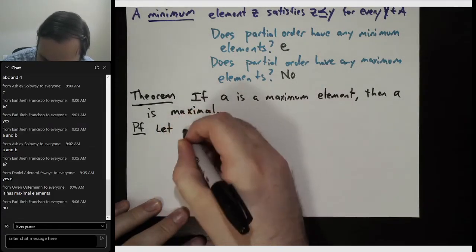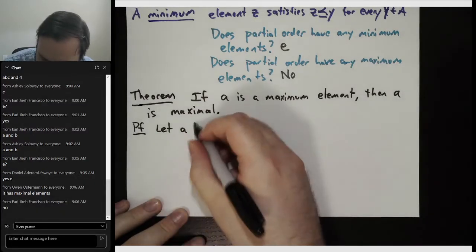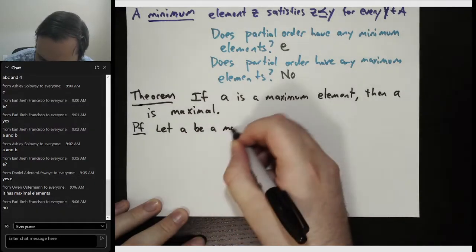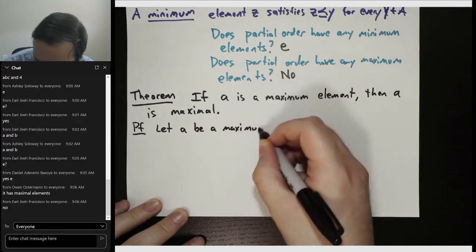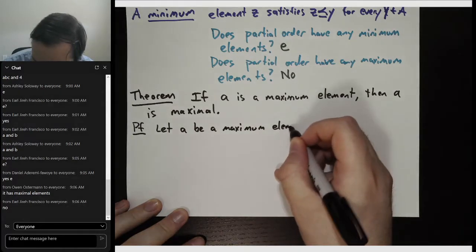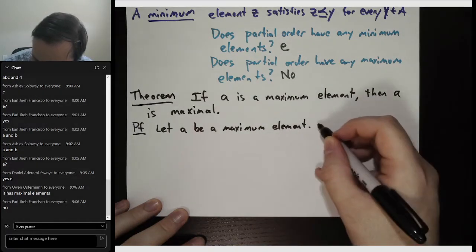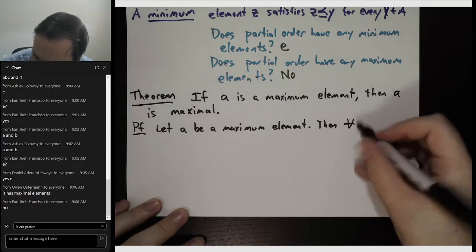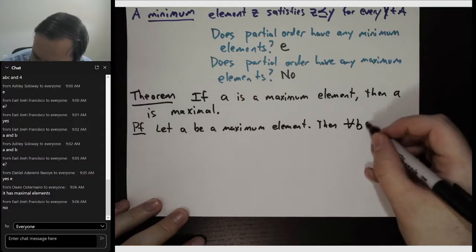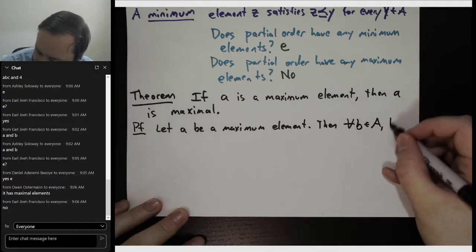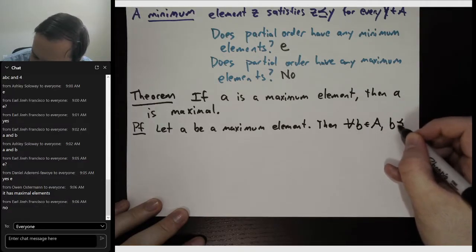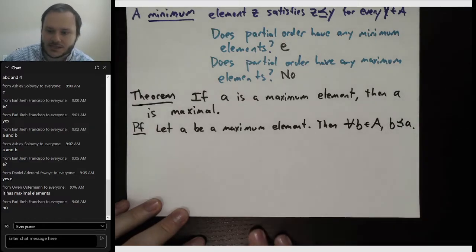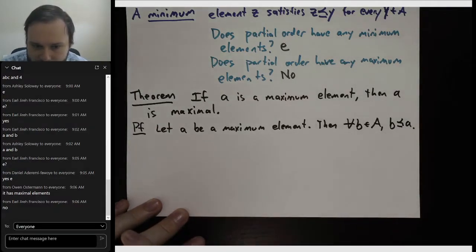Let A be a maximum element. Then for all B in the set, B is less than or equal to A. That's what it means to be a maximum element.